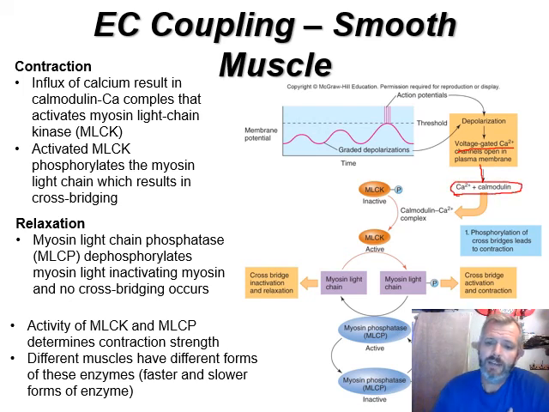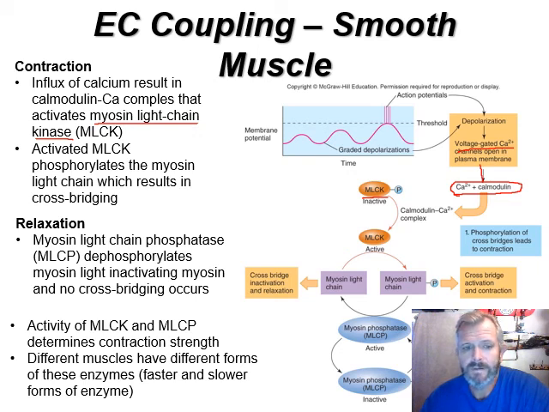And we have two sets of enzymes here. We have MLCK, myosin light chain kinase. It's a kinase, so it's going to phosphorylate the myosin light chain.